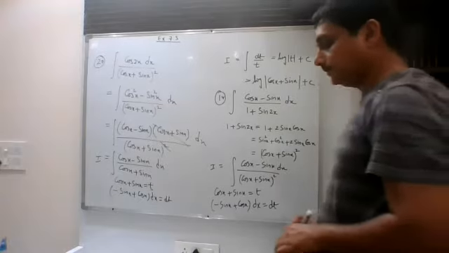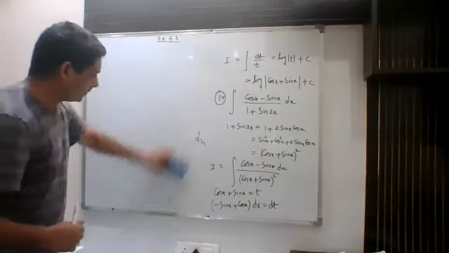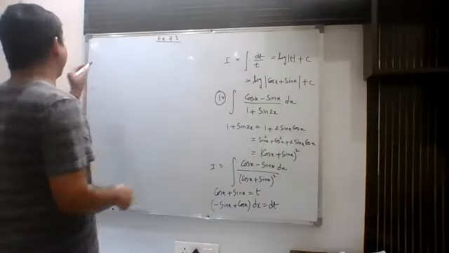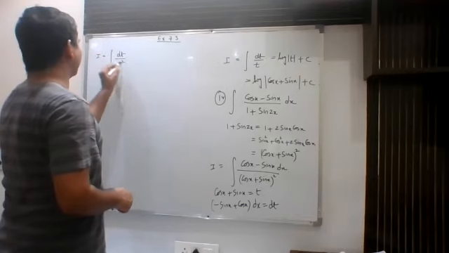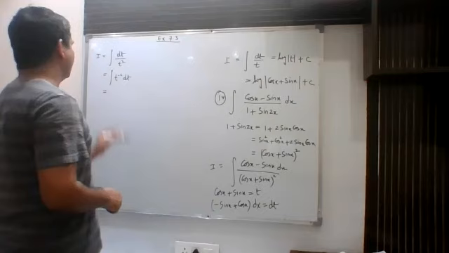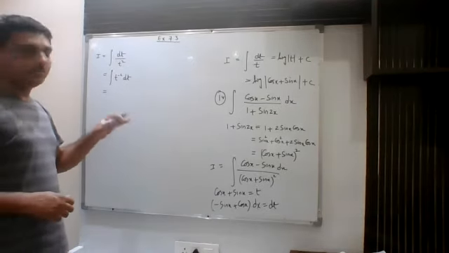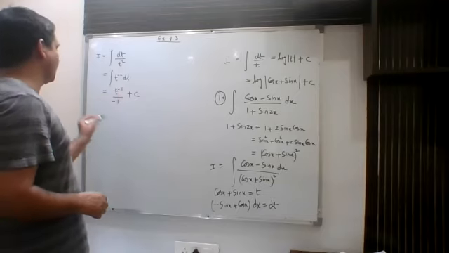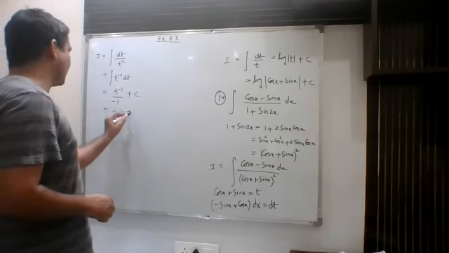Then you have to integrate that. The integral can be written as dt upon t square. Now this can be written as t to the power minus 2 dt. Using the integral formula, finally you can say minus 1 upon t plus c.